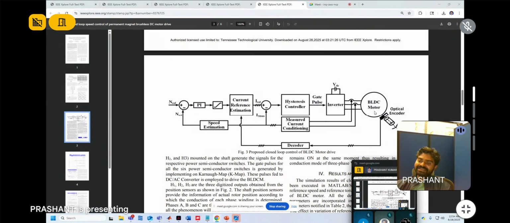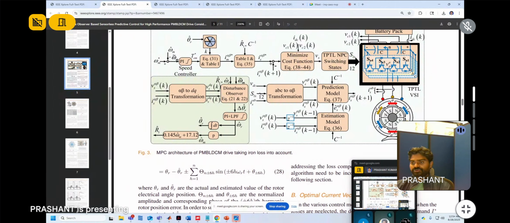In case of BLDC motors or permanent magnet motors, we cannot directly obtain the speed of the motor. We don't have the information here; suppose this is the motor, we don't have the information to directly obtain the speed of the motor.